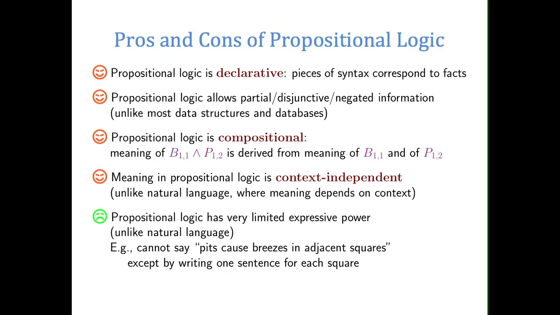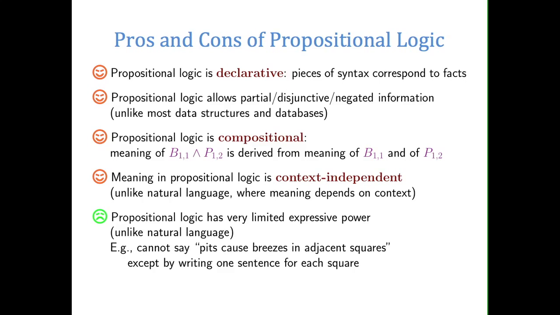That is, B11 and P12 always have the same meaning. In natural language, on the other hand, meaning depends on context. For instance, if you have a piece of text with the word lead, you really need to know the context to know whether it's the verb lead or the noun lead.